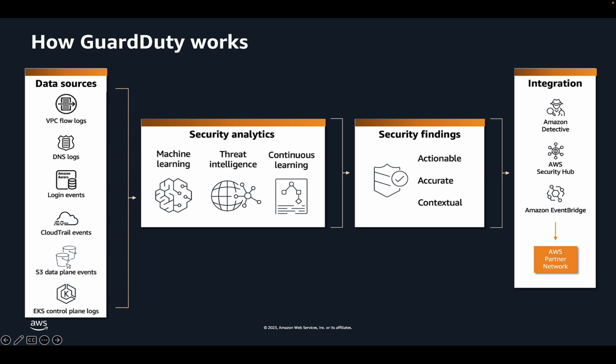It uses threat intelligence feeds such as malicious IP addresses and domains and machine learning to identify unexpected, potentially unauthorized, and malicious activity within your AWS environment. GuardDuty then provides you with actionable findings so that you can remediate this activity in your environment.